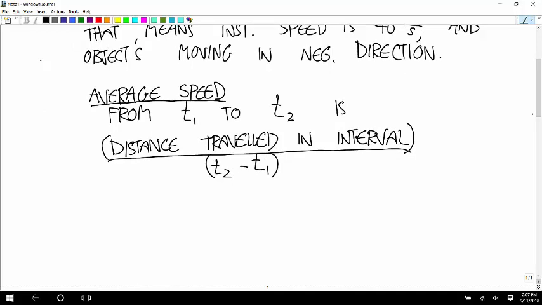Okay, whereas the average velocity is the displacement between t1 and t2 divided by the elapsed time.